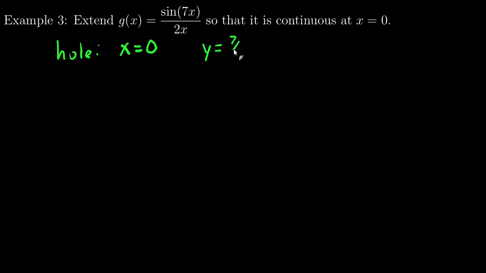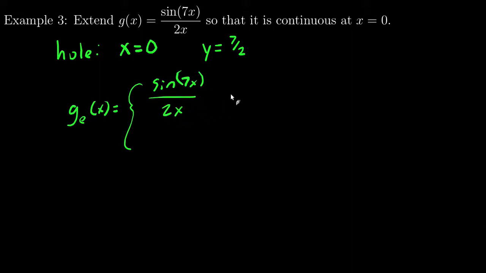So this shouldn't be too surprising because I see this 7x and this 2x, and that is why that is there. So the extended function here is going to be sine of 7x divided by 2x for all x not equal to 0, and just 7/2 at x equals 0.